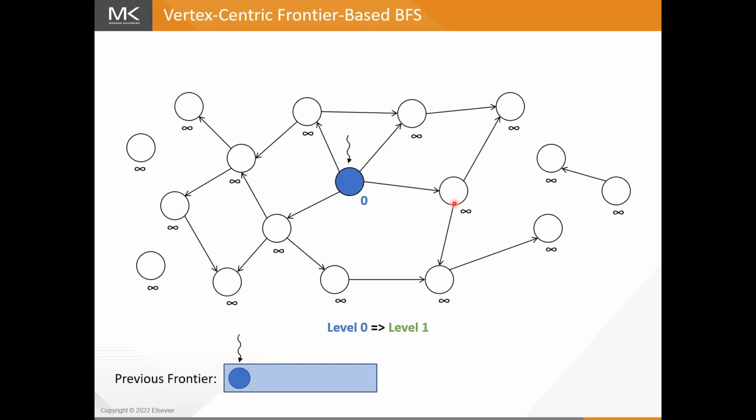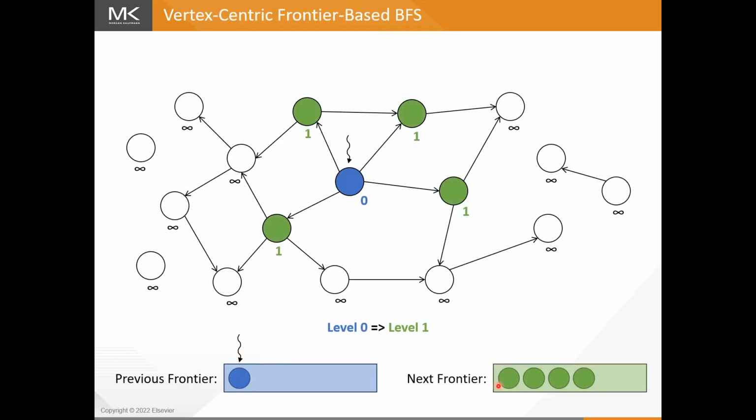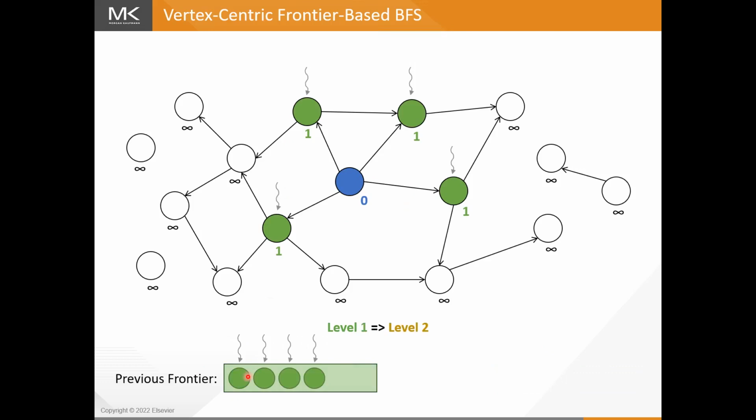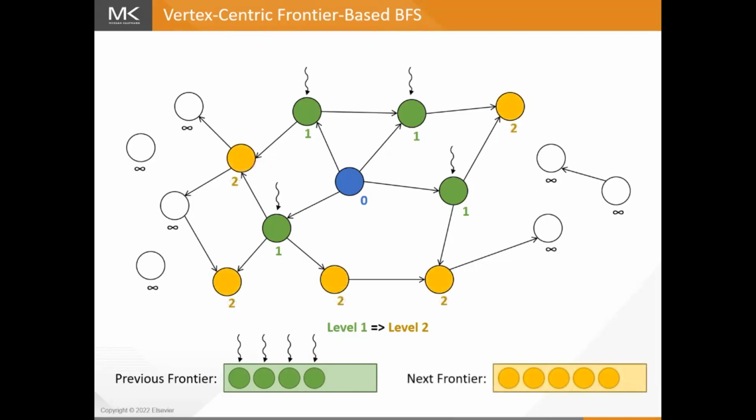And that thread is going to iterate over the neighbors and insert their neighbors into the next frontier. Then the next iteration, this next frontier becomes the previous frontier. I will launch a thread for each vertex in the frontier. Those threads will iterate over their neighbors and enqueue the neighboring vertices in the next frontier.